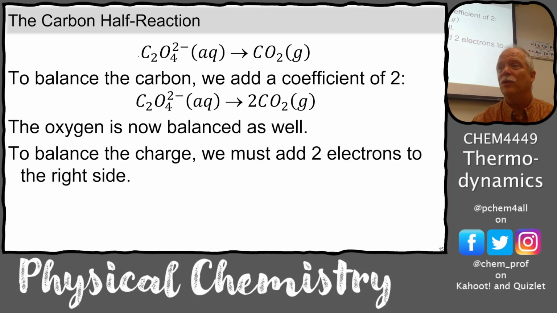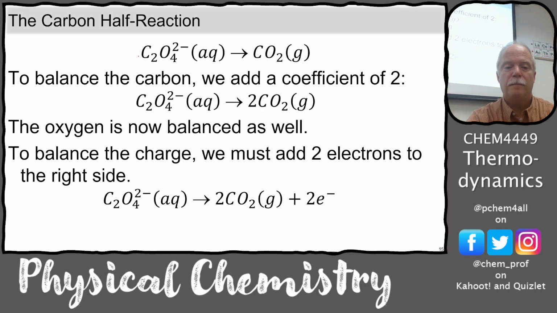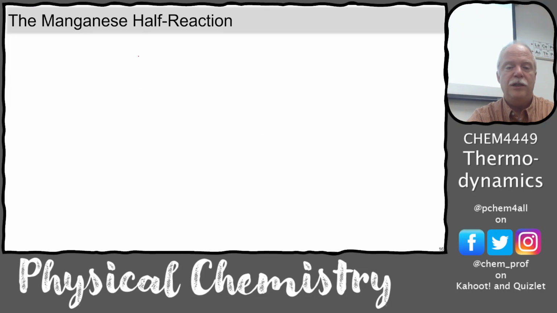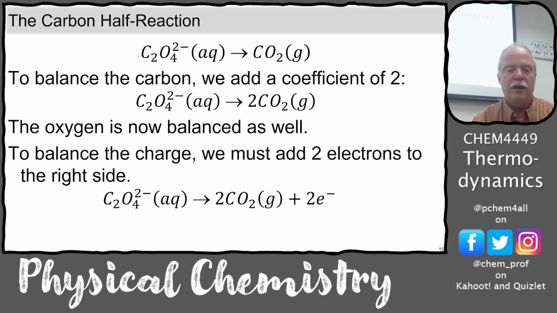So we put 2 electrons on the right, and now our charges are balanced. We can check that: 2 carbons, 4 oxygens, 2 times 2 is 4, and the 2 minus here equals the 2 minus here. So everything's equal, we're good.